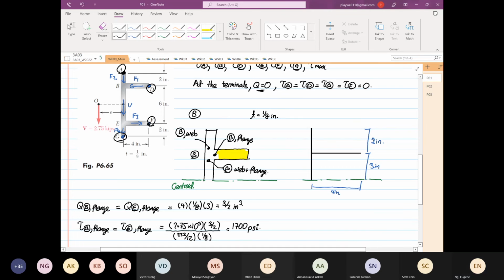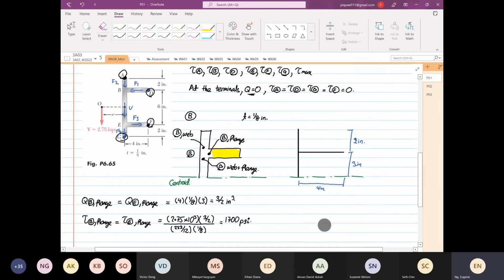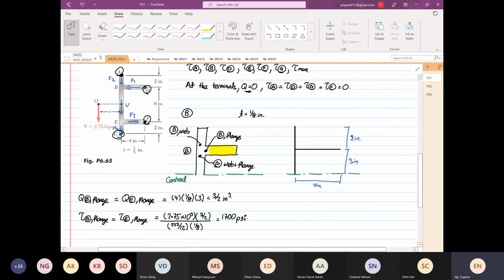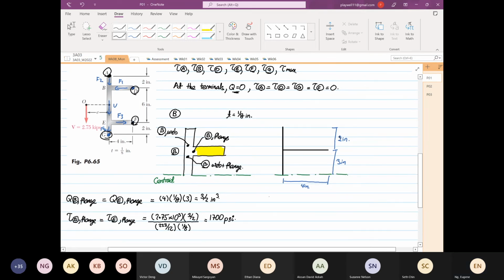Okay, so I'm going to do another point. We're going to do Q at point B for the web. It's also the same as Q at point E for the web. So this is equal to the width, which is 1/8 now.